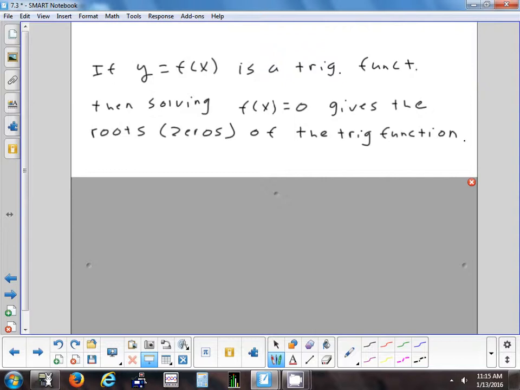All right, so the way I showed you, you could have set it up. If you set it equal to 0, you're finding the roots, okay? Or you're finding the zeros of the equation.